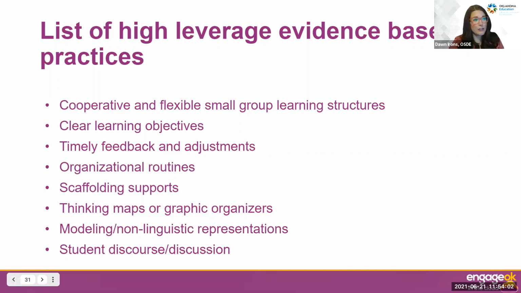Giving students timely feedback and making adjustments based on what you see students doing. Organizational routines, scaffolding supports, thinking maps, graphic organizers, modeling or non-linguistic representations, student discourse, discussion, all of those wonderful things. So again, not an exhaustive list, but just kind of a few fan favorites that we can use to really be specific when we're trying to take those action steps to help our students.